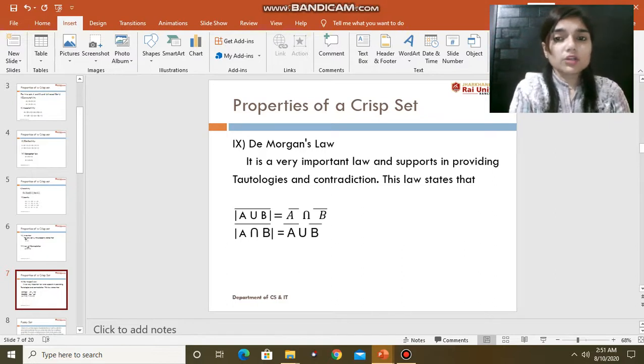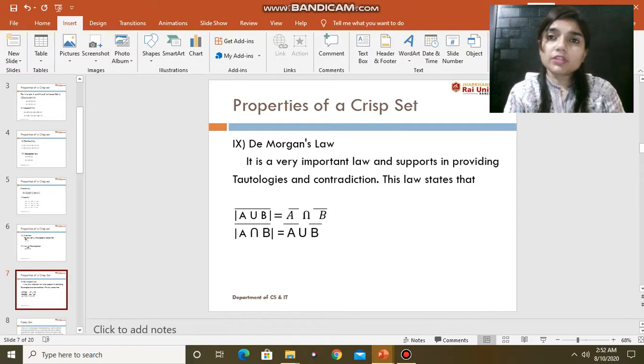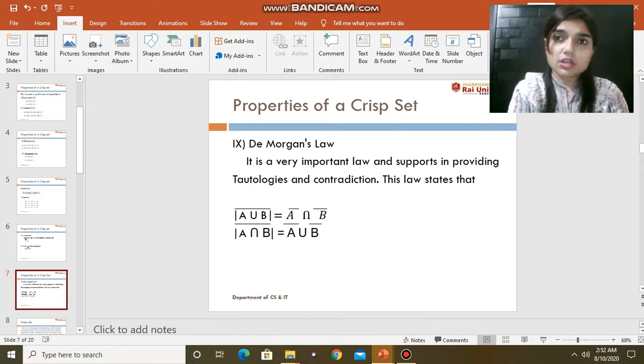It is a very important law and supports in proving tautologies and contradictions. This law states that complement of A union B is equal to complement of A intersection complement of B. It also states that complement of A intersection B is equal to complement of A union complement of B. This law is used in proving tautology and contradiction.